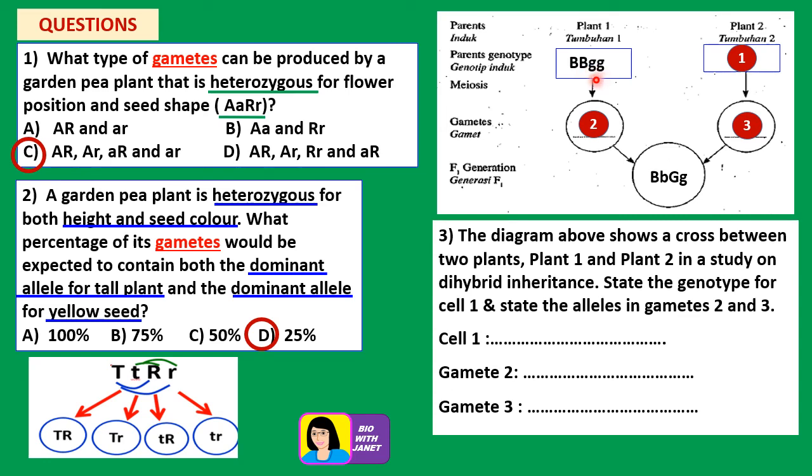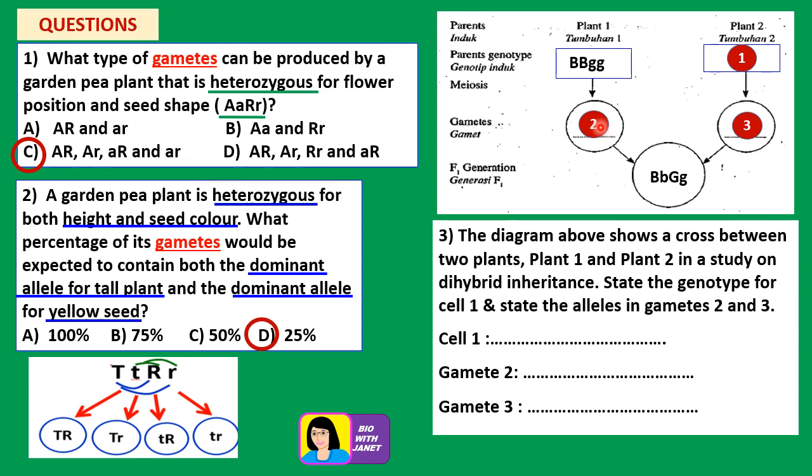Using Mendel's second law again, big B can combine with small g, big B with small g. Then the other one is also big B with small g. So all of the gametes will have the same alleles inside. And for number 2, the answer is big B, small g.